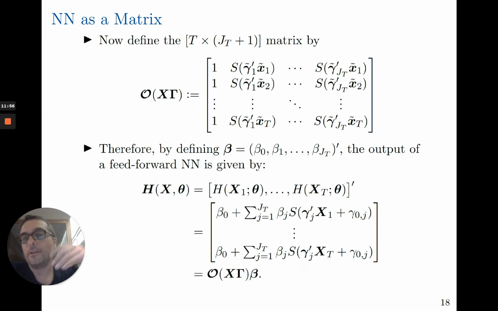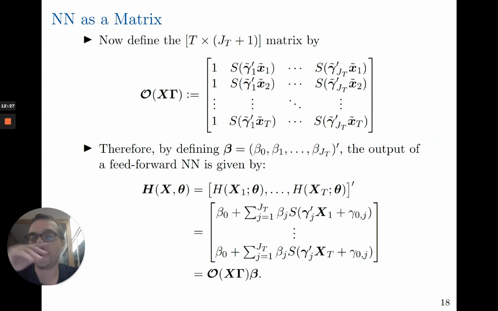And therefore the mapping, what exits the network, is just a linear combination of these outputs of the hidden units. So H, our mapping, is just calligraphic O times beta. Okay? That's the mathematical representation in matrix form of a neural network.